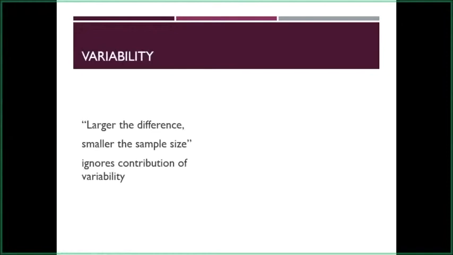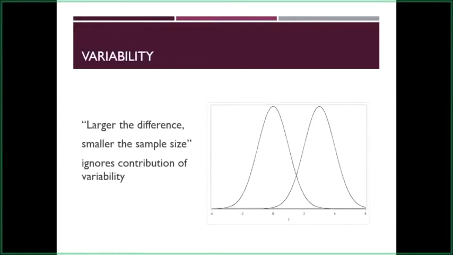Again, this rule of thumb, the larger the difference, the smaller the sample size, ignores the contribution of variability. What I'm showing you here is essentially a repeat of the previous slide, where we're looking at a difference of about 3 units between the null and the alternative.